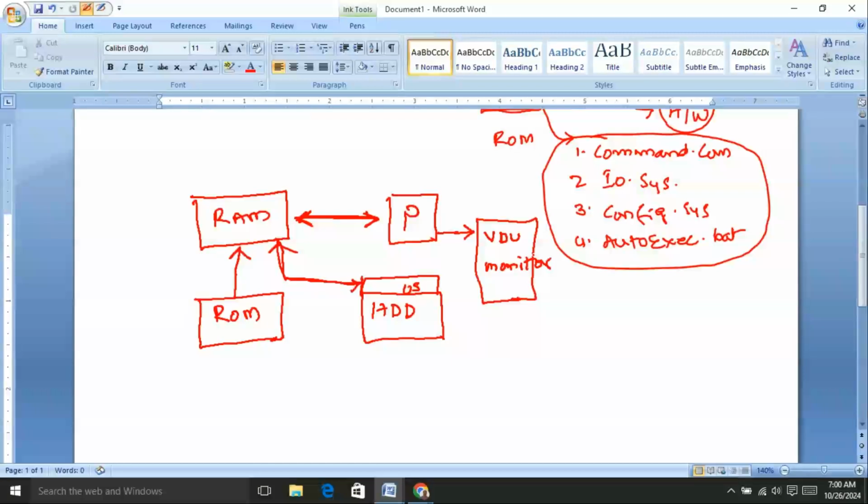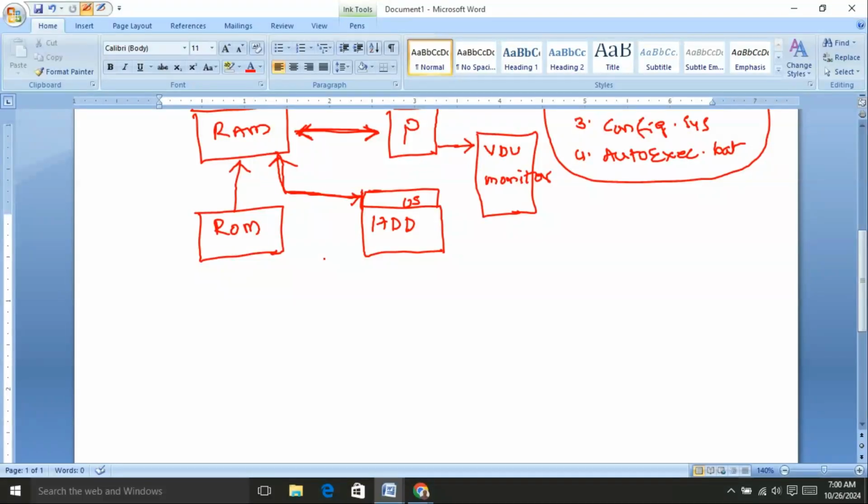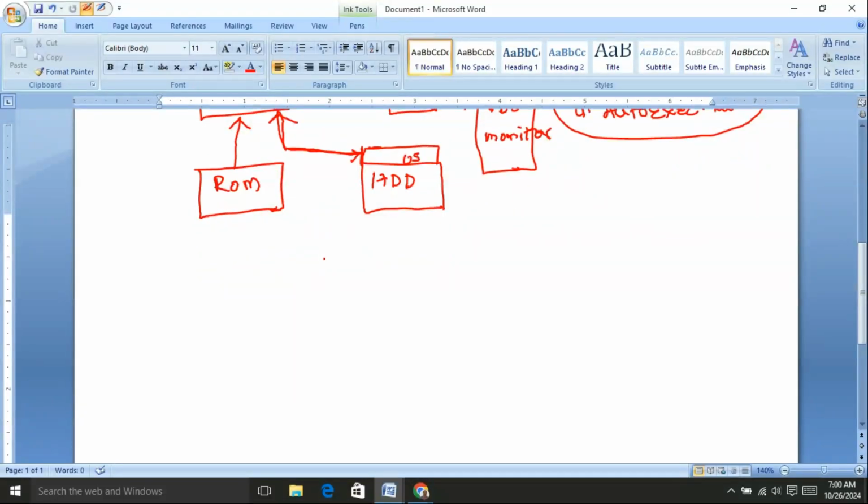This is the basic interconnection structure of how the processor, RAM, ROM, and secondary storage hard disk are interconnected. This is not actually the memory organization concept in computer organization.